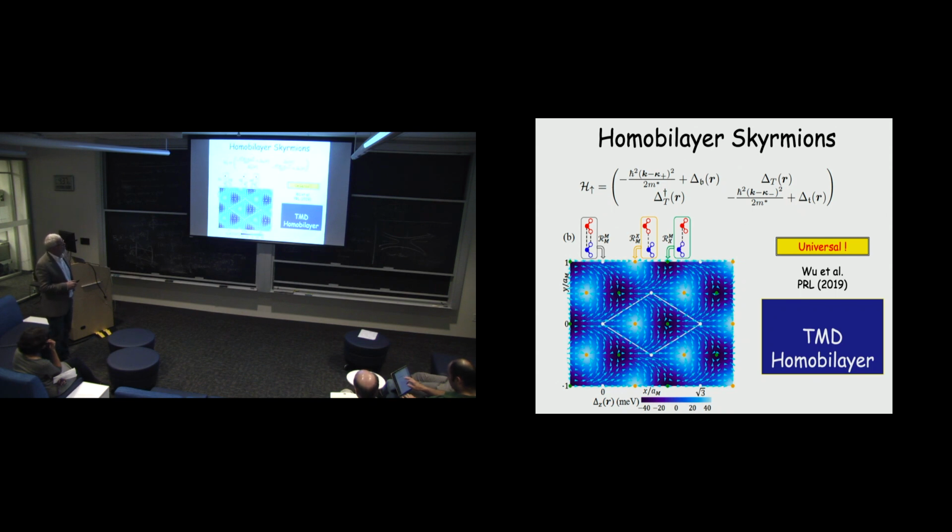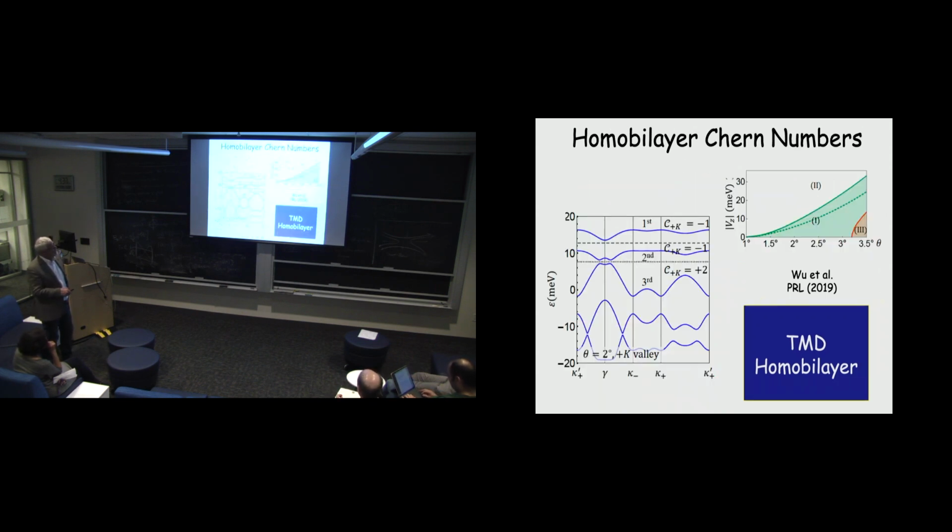of directions of effective magnetic field, and associated with that, but not in a one-to-one way, it turns out that these bands also have topological character in momentum space. I think you've probably heard a lot in recent years about topological characterization of bands in momentum space. In this case, these are valley projected bands which break time reversal symmetry.